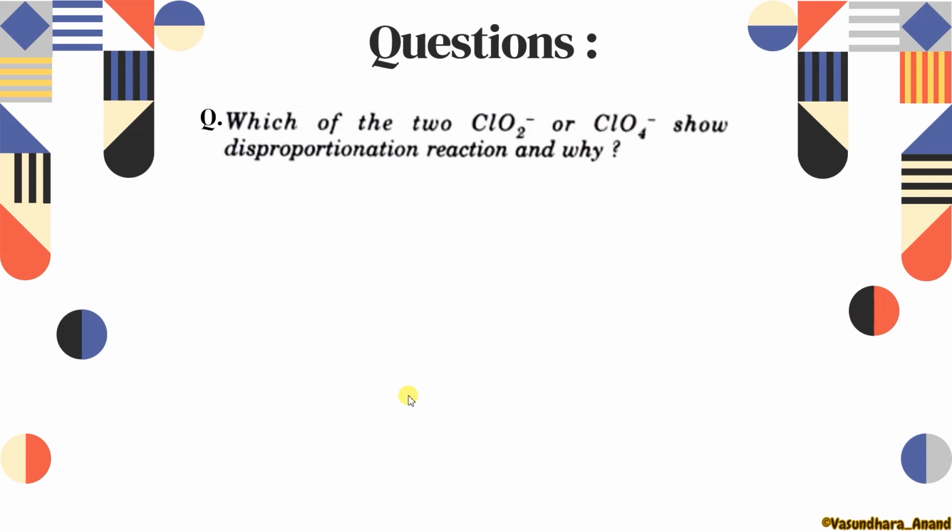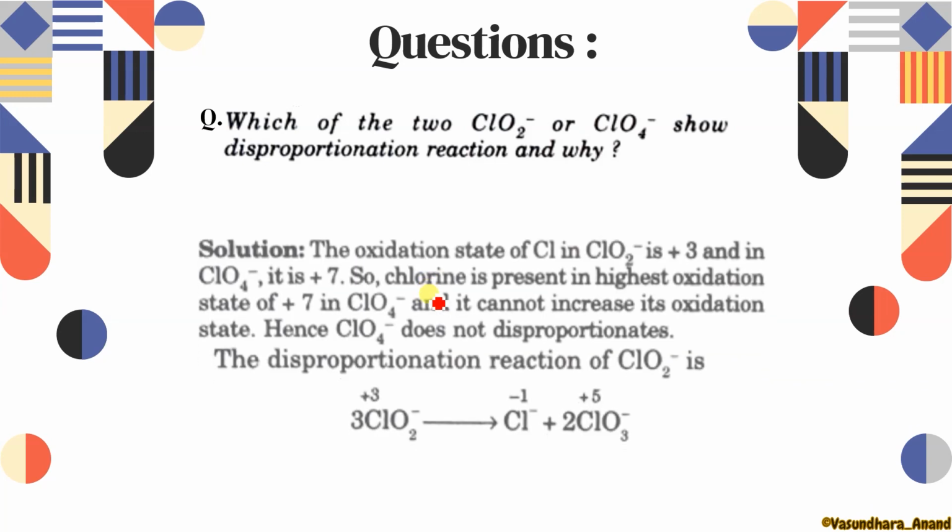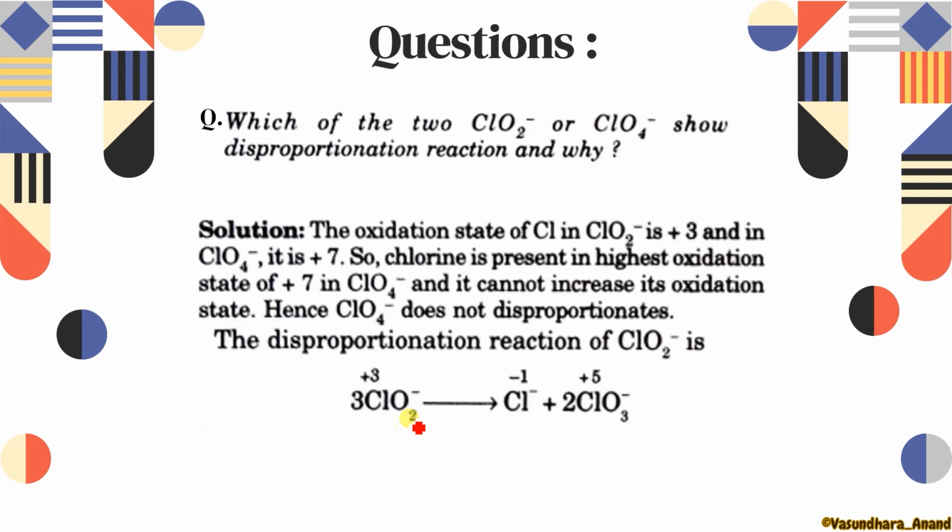So you just find the oxidation state of ClO2 minus over here. If you'll check the ClO2 minus, it is +3. Yes. And if you'll check that ClO4 minus, it is +7. Just check it, it is +7. So chlorine can show the maximum state +7. That means it is in the maximum state. Hence, it will not show the disproportionation reaction.